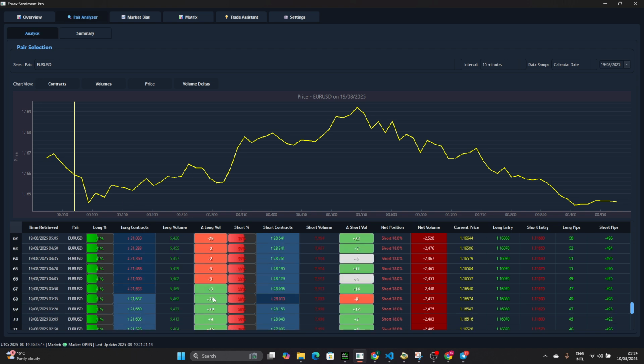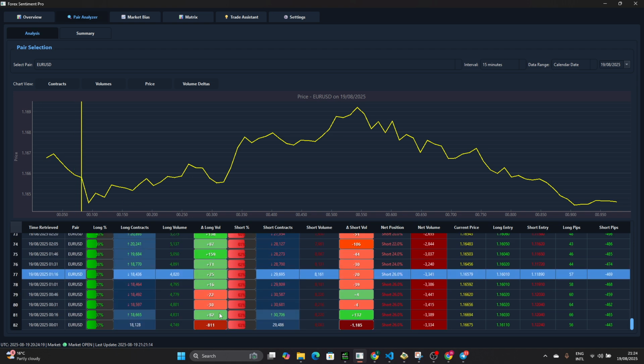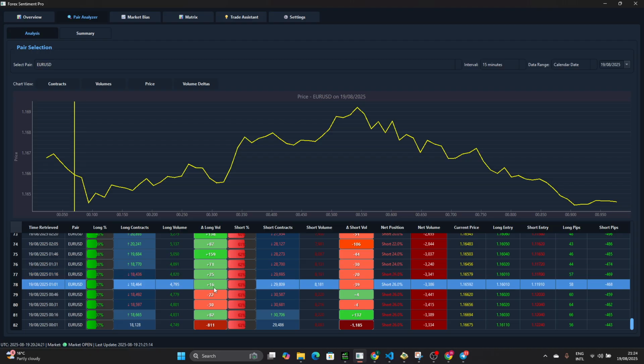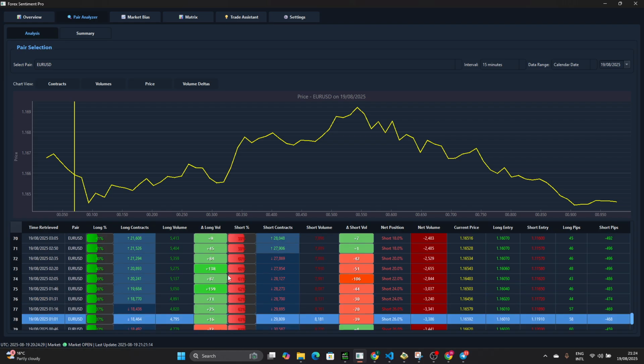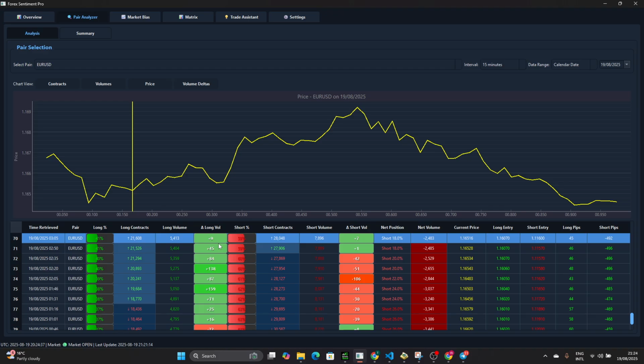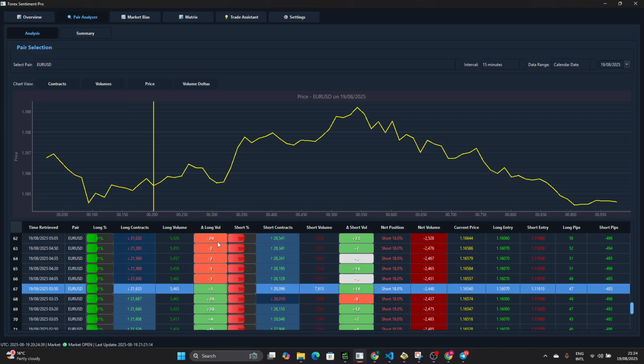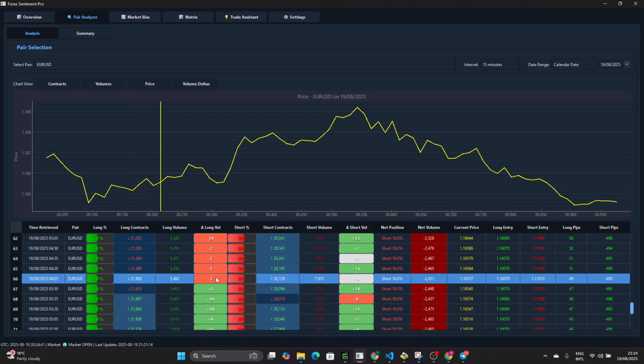So at 1 o'clock, when they started offloading their shorts and then opening longs, the market beautifully moved in the direction of their opening positions until they decided to close it out and then go short again, increase their shorts.